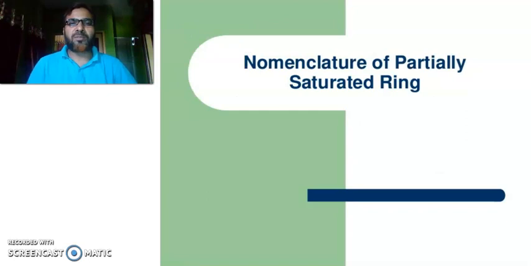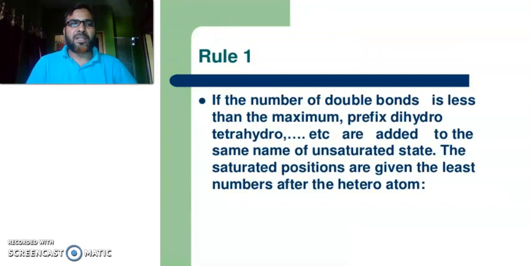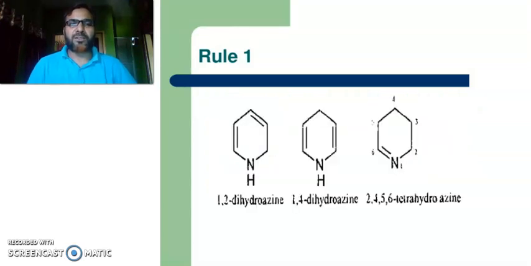Now nomenclature of partially saturated rings. If the number of double bonds is less than the maximum, prefixes dihydro, tetrahydro are added to the name of the unsaturated state. The saturated positions are given the least numbers after the heteroatoms.